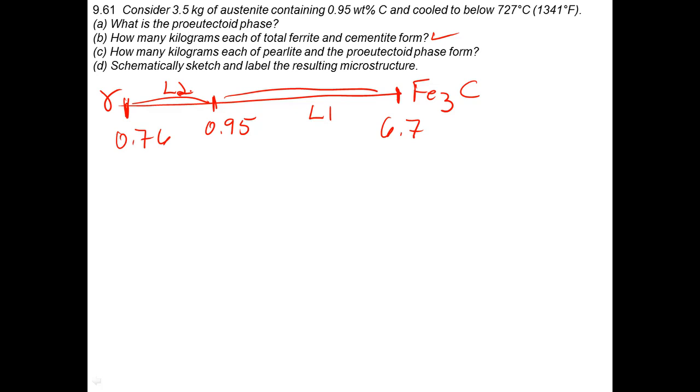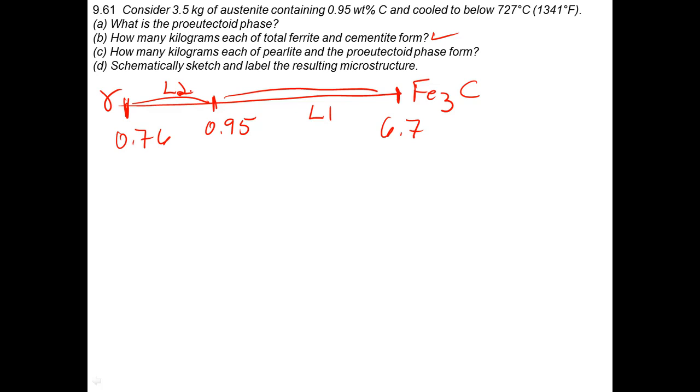So what I've shown here is that tie line just above the eutectoid temperature, bounded on the left by austenite, bounded on the right by cementite, and the distances L1 and L2.